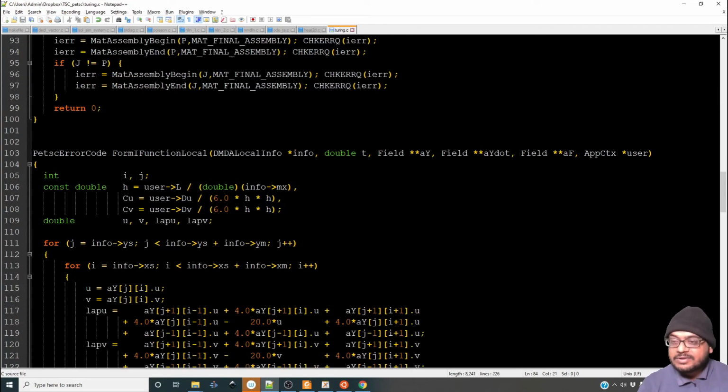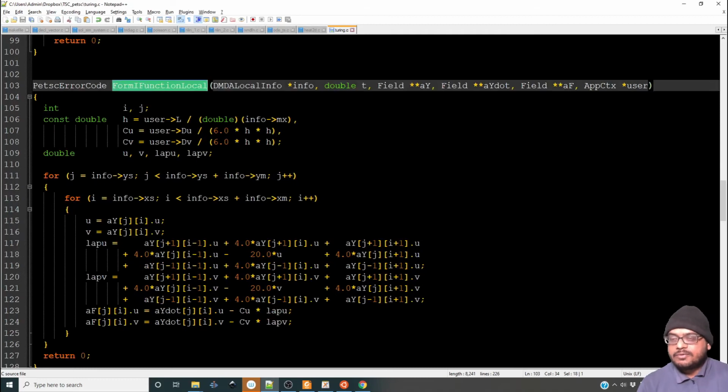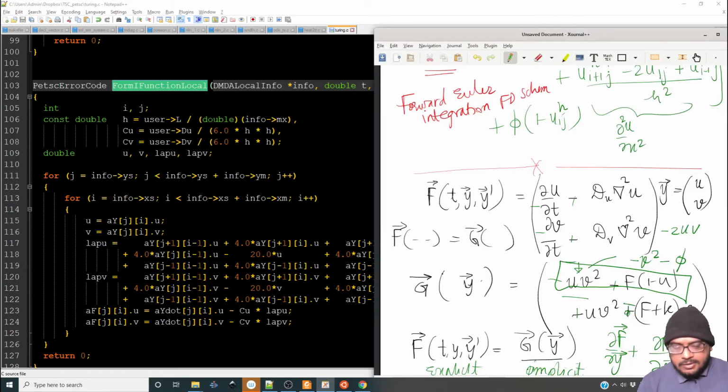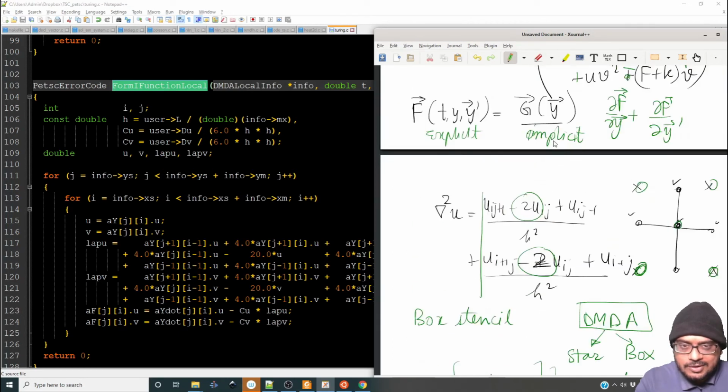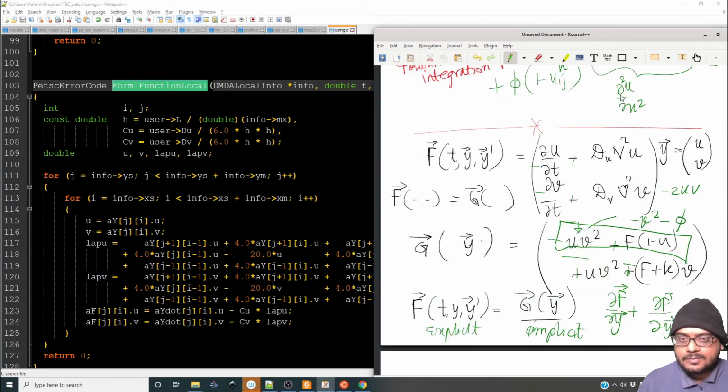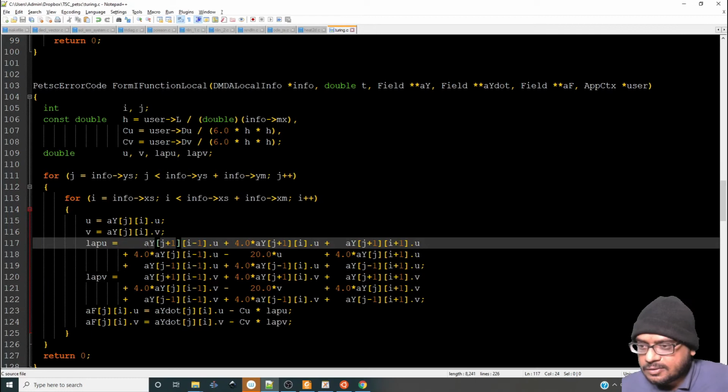Now we come to the implicit part, that is, we have to form the local function. So let's see what we get. Okay, so you have this stencil. Look at this stencil.